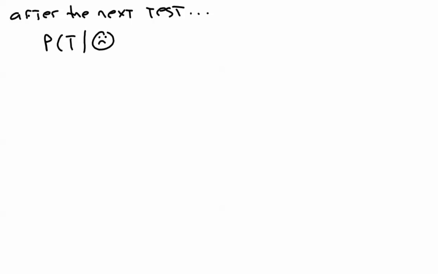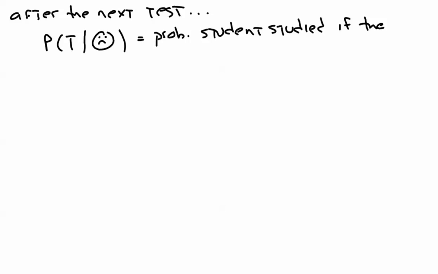So, what the professor wants to ask is, after the next test, what is the probability that a student studied given that they failed the test? What's the probability that the student studied given that they failed the exam?